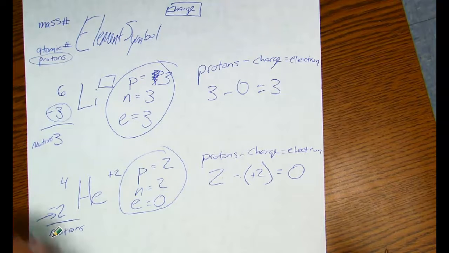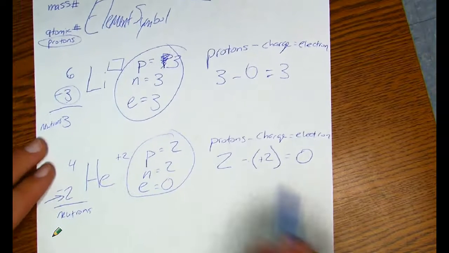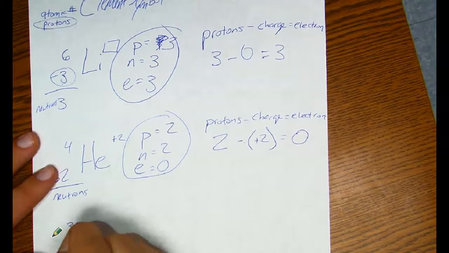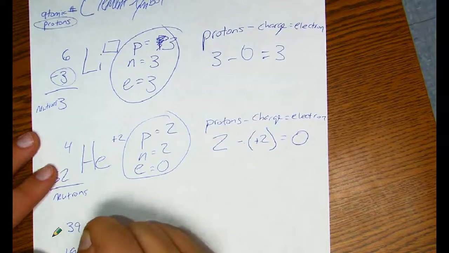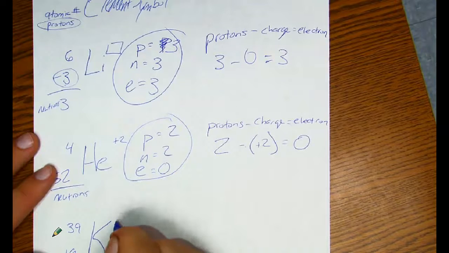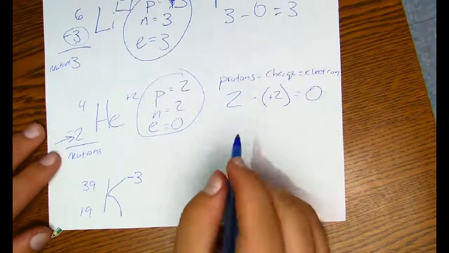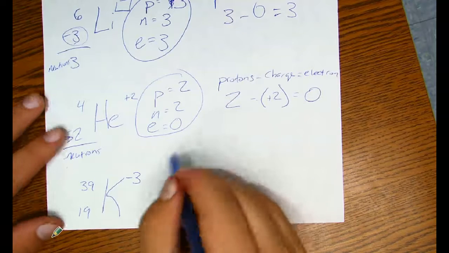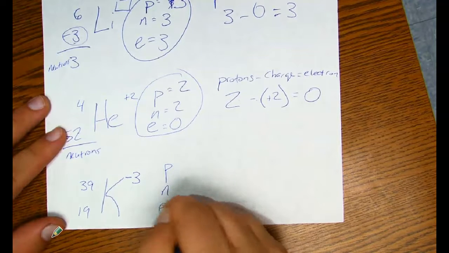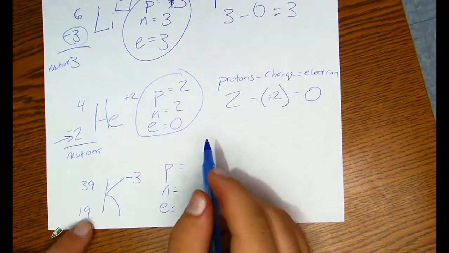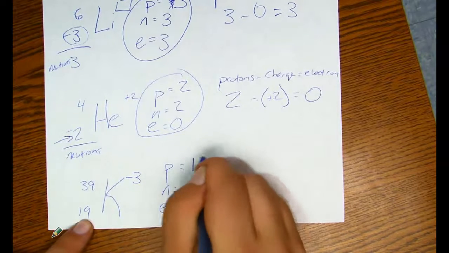Okay, let's try one more example and then we'll be done. Next one, let's do potassium, 39 on top and 19 on the bottom, and we're going to have a negative 3 charge. Protons, neutrons, electrons. Protons, well, it's right there, 19 protons.